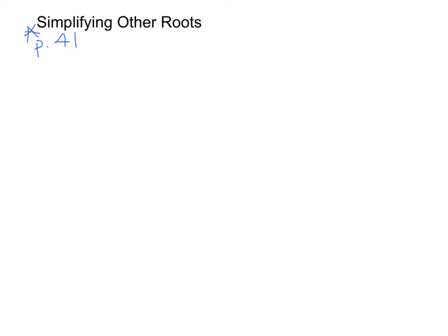So when we're simplifying them, or actually let me write your common cube roots. The cube root of 1, of course, is 1. Cube root of 8 is 2. Cube root of 27 is 3.